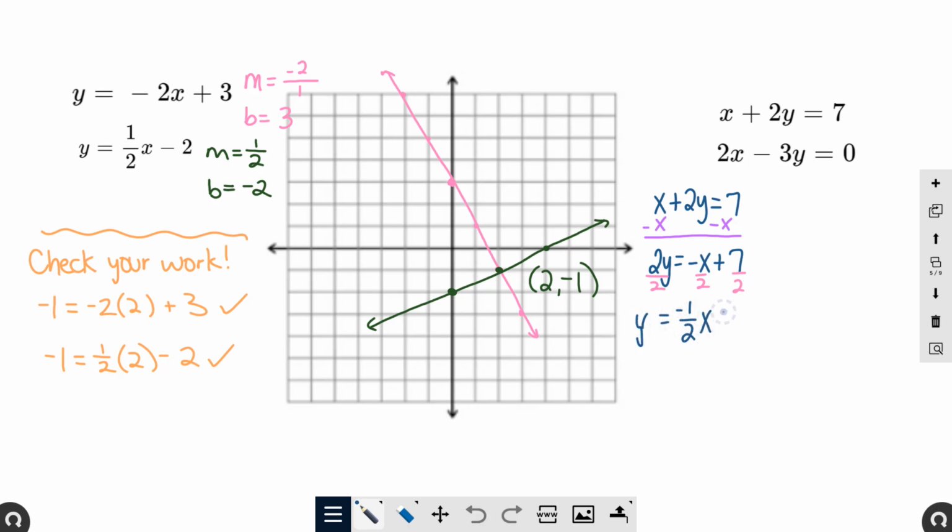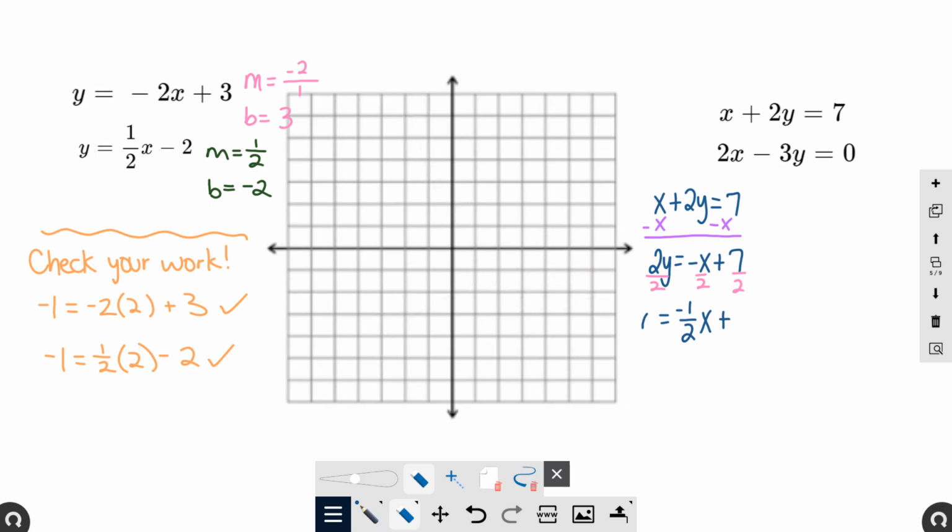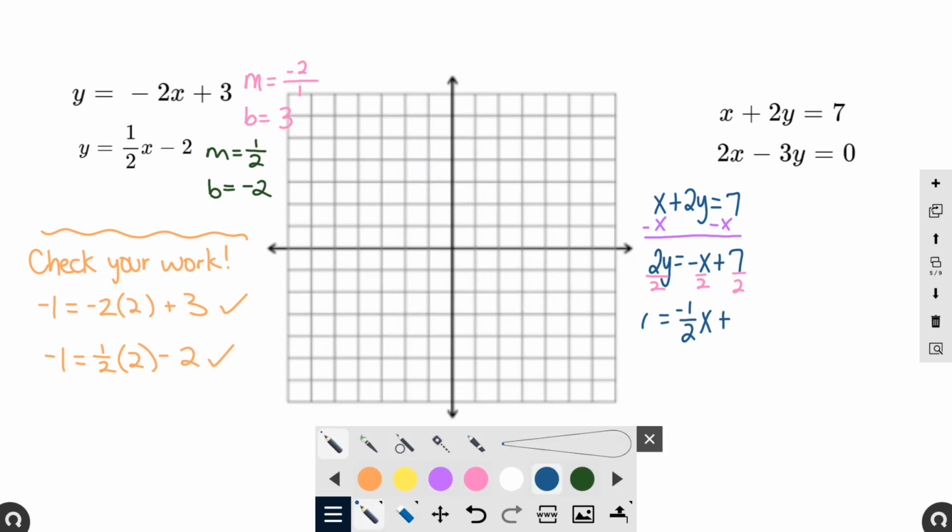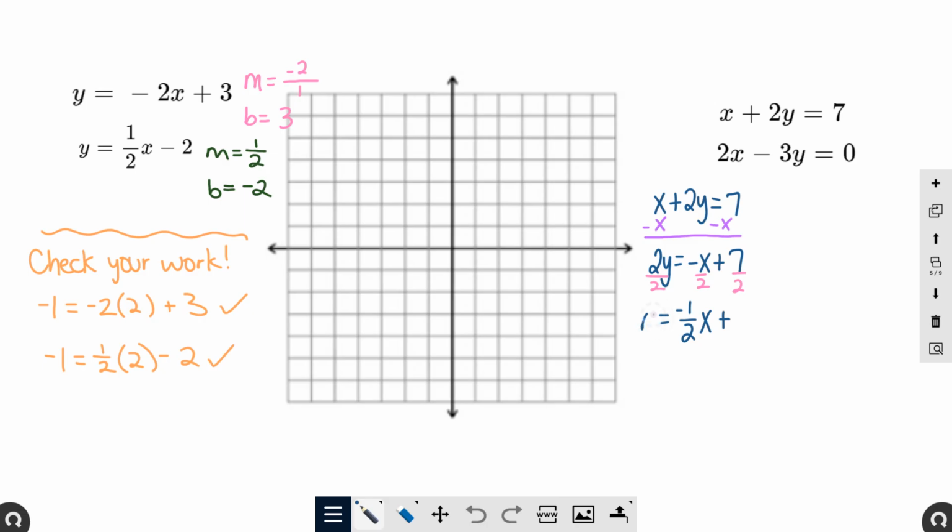negative 1/2 x plus. Now, here's something that I like to do when I do these problems, especially if I'm going to graph on graph paper. I leave my slope as a fraction, but your y-intercept, you're going to be plotting it on the graph. Does it make sense to leave it as 7/2?